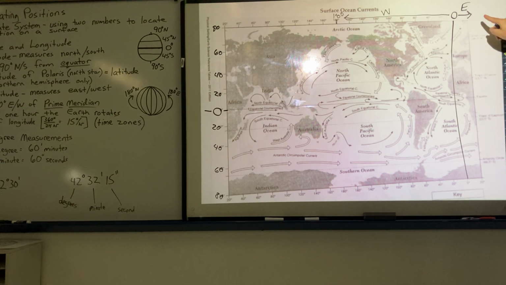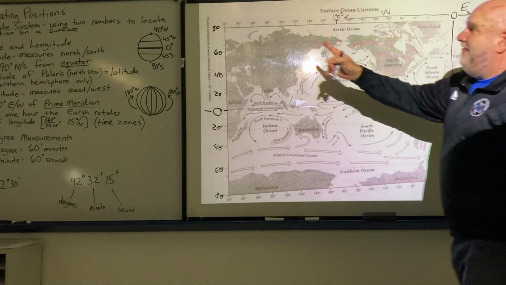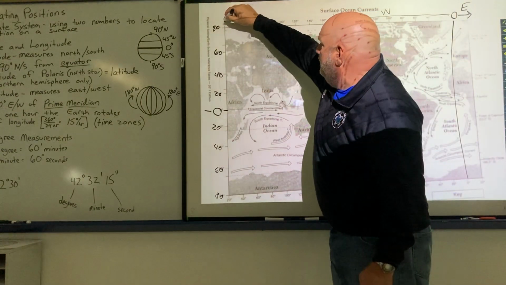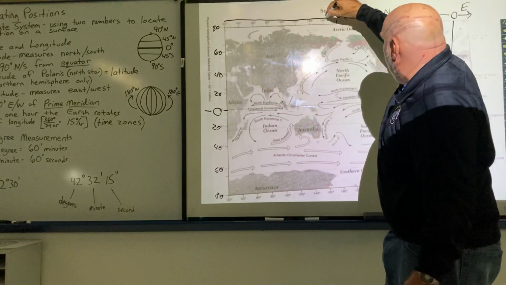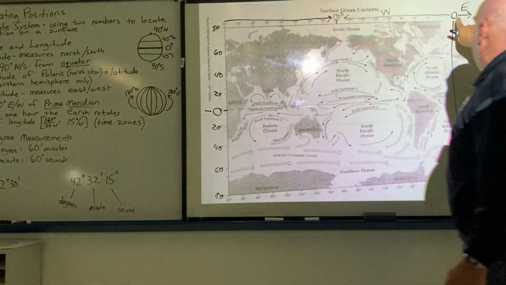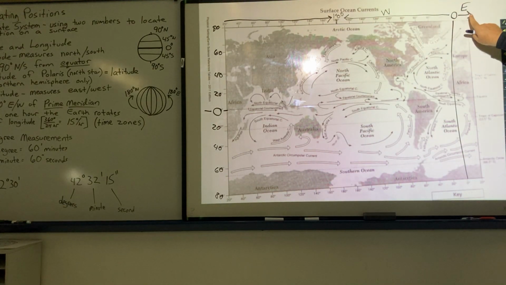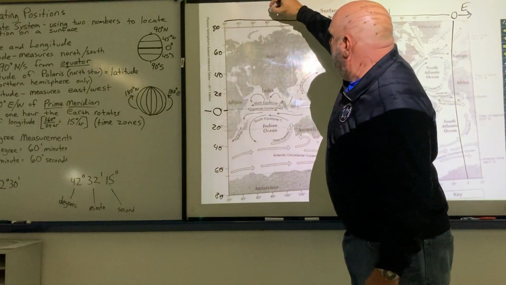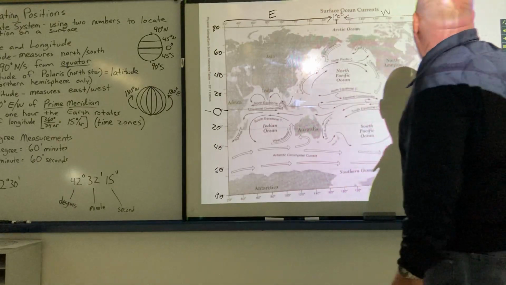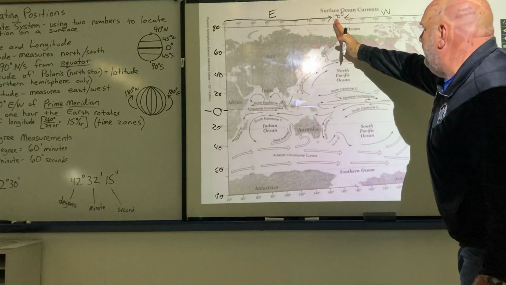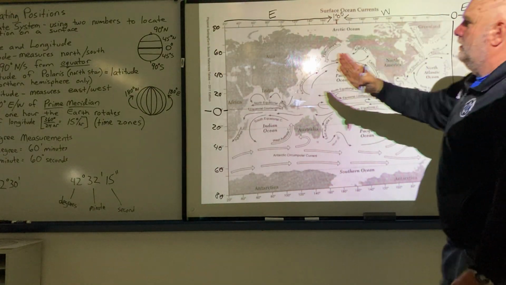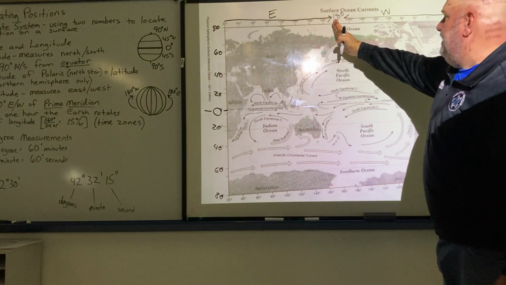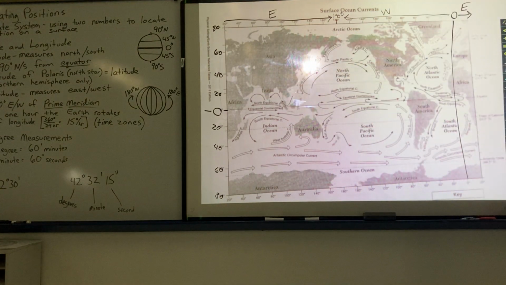However, it doesn't just stop right there because it goes from 0 to 180. So it's going this way, then it's picking up over here to finish out the 180, all right? So 0 going this way is east, picks up over here. So this is all east as well. So it goes from 0 to 180 west and 0 to 180 east, all right?